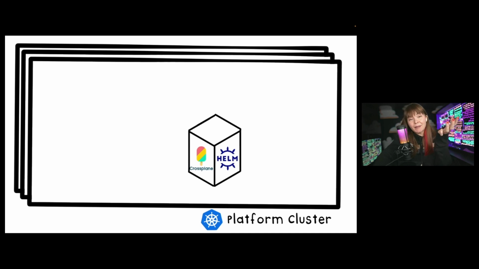What Crossplane does is it takes any API on the planet and brings it into Kubernetes so you can interact with that API via Kubernetes. This has two big benefits. One big benefit of Kubernetes generally is that you can define the desired state, and it has a control loop as part of how it works, so it will continuously work to make sure the actual state matches what you've defined.